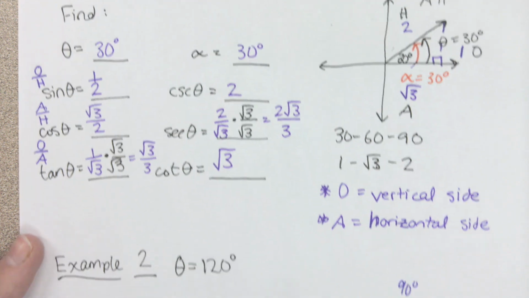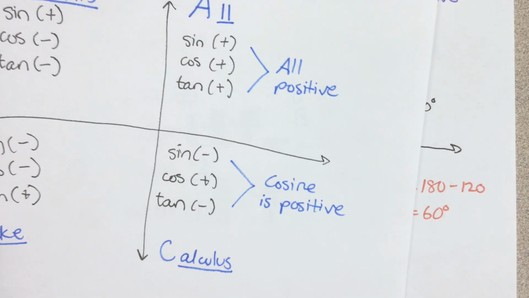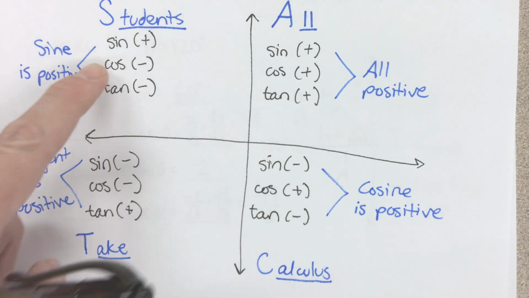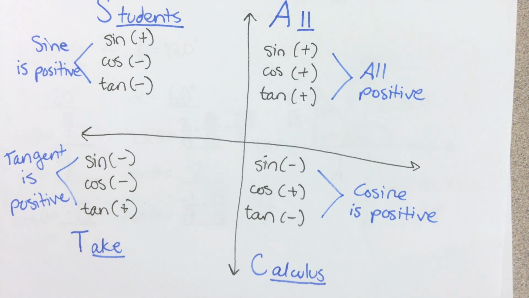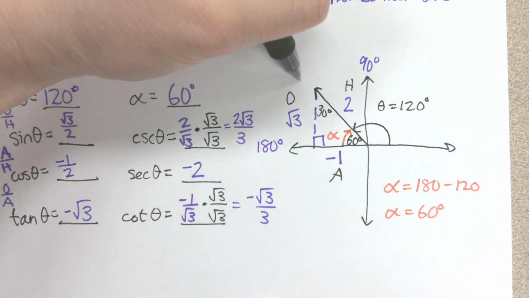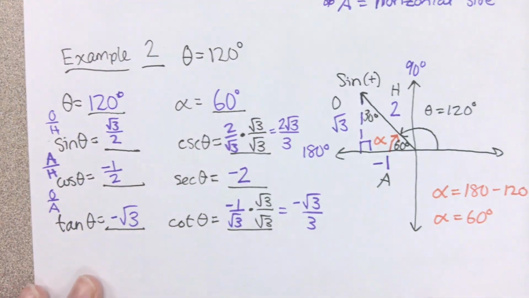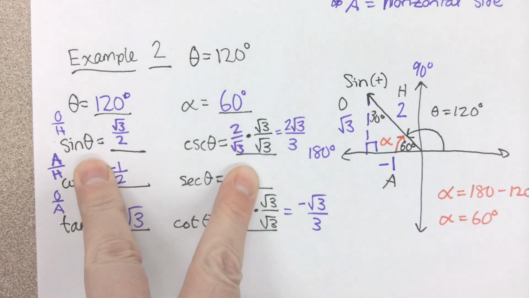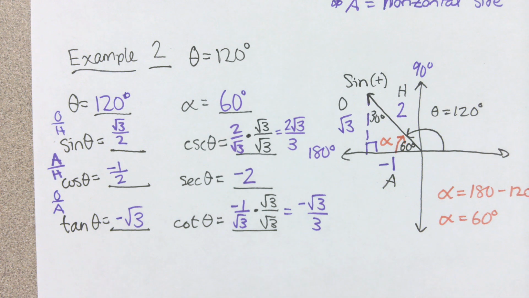In our second problem, we're in the second quadrant. And remember, the acronym was all students take calculus. We're in the second quadrant where S is for sine. In our second quadrant, sine should be positive. So make sure that your sine and cosecant values are positive, and then make sure the other two functions are negative, both for themselves and their reciprocals.